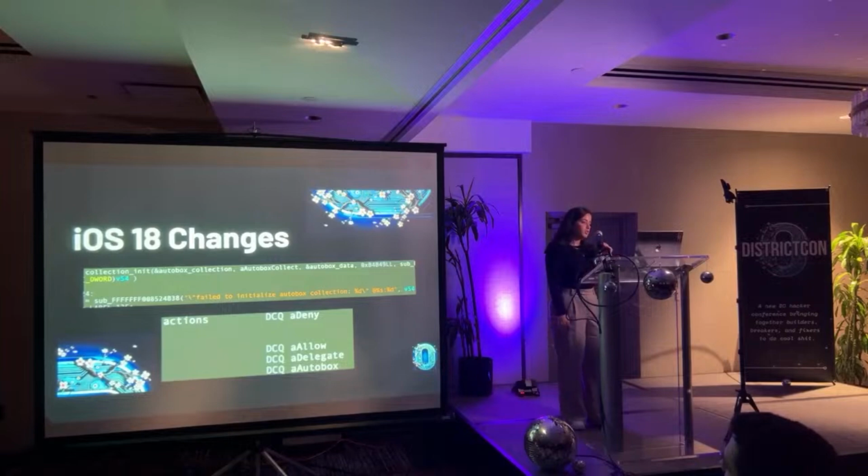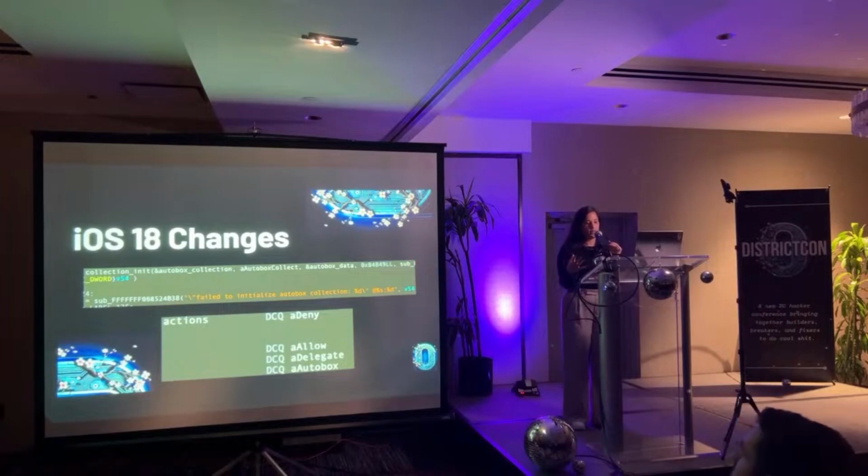Let's review in short the changes introduced in iOS 18. Another collection profile has been added, which is called Autobox. It looks like just a name change for the Autobox profile. Also, the profile format changed a bit, of course, like almost every version. But the more important change is that they've added two more actions.